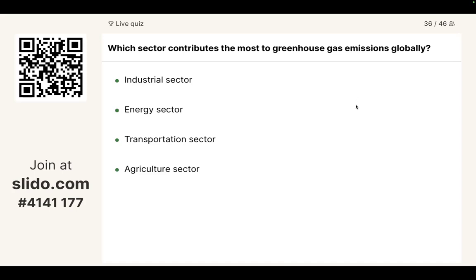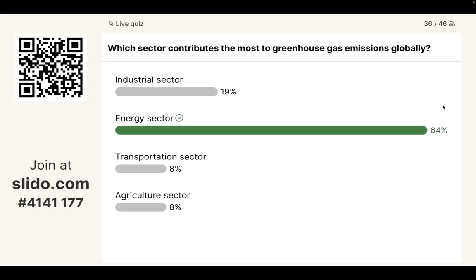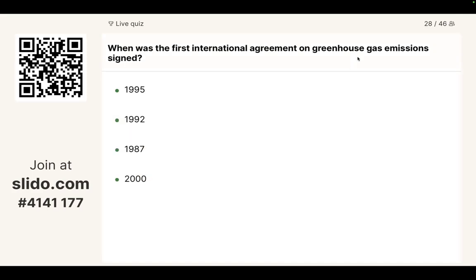A few people have answered it wrongly. You need to check your answers. Let me show the correct answer. Most of you have given the correct answer, which is the energy sector. The energy sector is the most polluting, at least in India and even in the world, because it's still shifting from coal and gas. That's why this is the most polluting sector as of date. Correct, Abhinav. Clear?